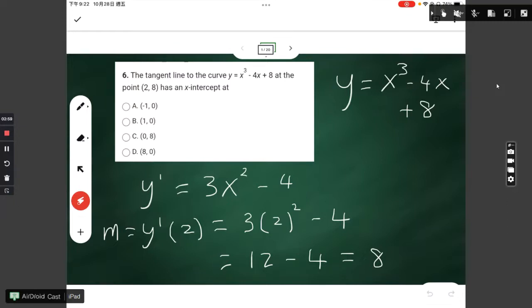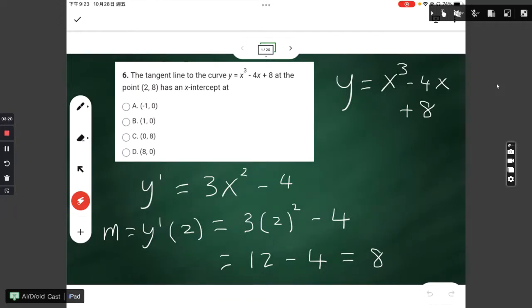So this becomes 3 times 2 squared minus 4. 2 squared is 4, 3 times 4 is 12, and 12 minus 4 gives you 8. So the slope of the tangent line is 8.